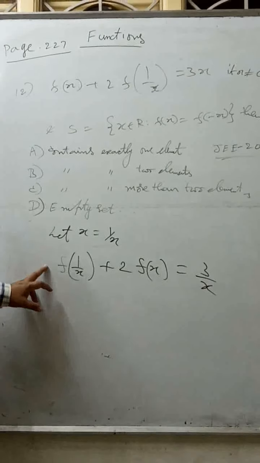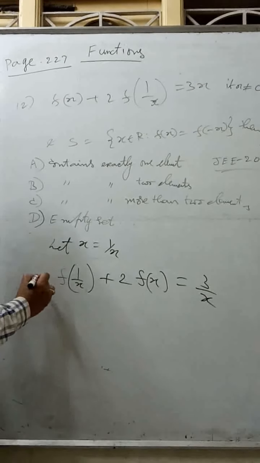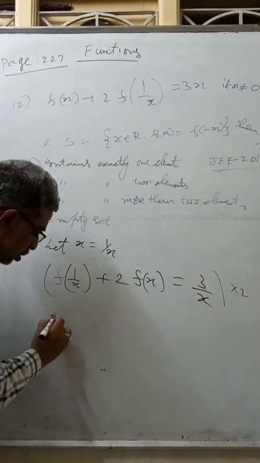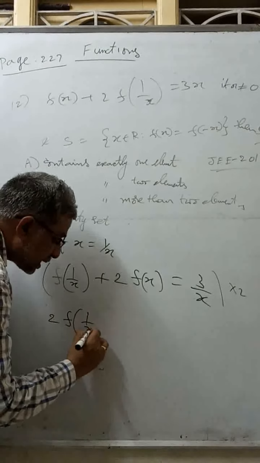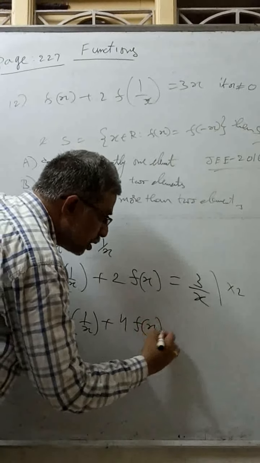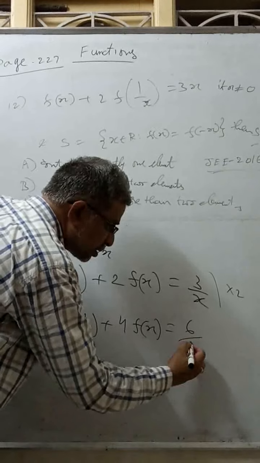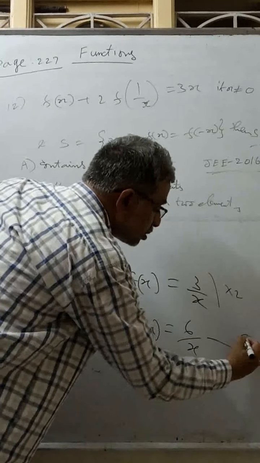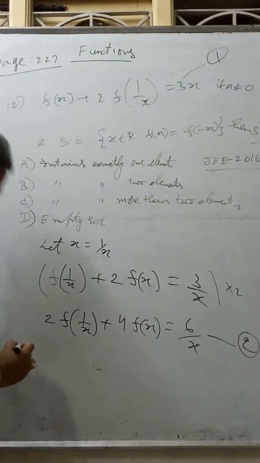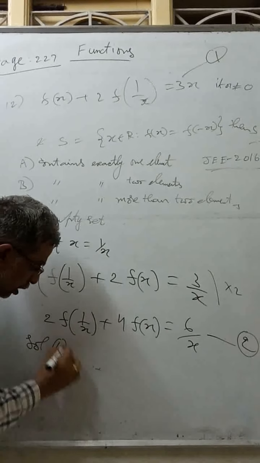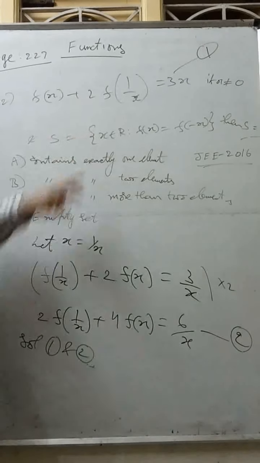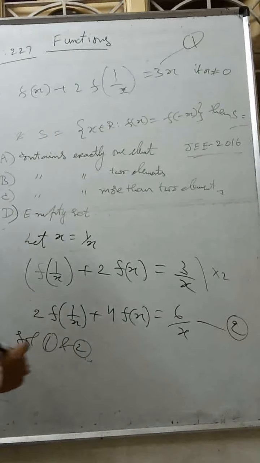Now multiply this with 2. So this becomes 2 into f of 1 by x plus 2 into 2, which is 4, into f of x equals 3 into 2, which is 6, by x. This is equation 2. This is equation 1. Solving 1 and 2, I am doing 1 minus 2. The 2 into f of 1 by x terms will get cancelled.